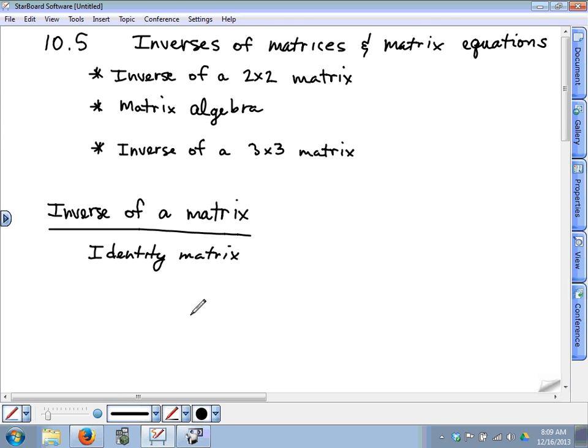In mathematics, there are certain numbers that are called identities, like the additive identity. You guys can come up with this. The additive identity is a number that doesn't change the value of another number when added to it. So what would it be? 0. 0 is the additive identity.